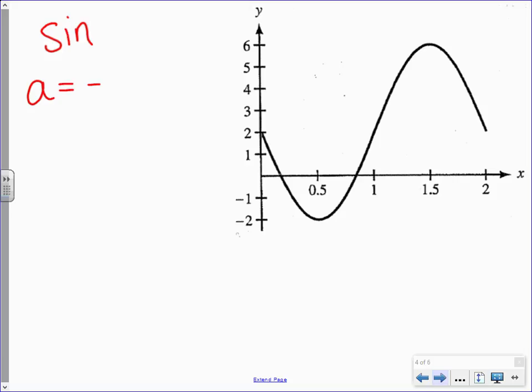And Marissa, what would our amplitude be? Our amplitude would be 4. We have a total height of 8, so half of that is 4 for our amplitude. We will pick up where we left off after your lunch.